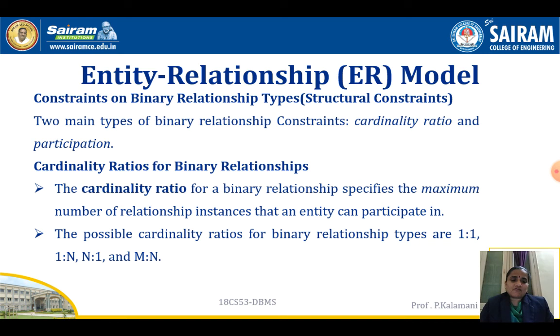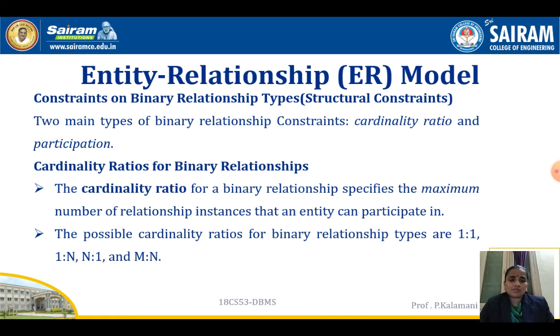There are four types of cardinality ratios in the binary relationship: 1 to 1, 1 to many, many to 1, many to many. For 1 to 1, take employee and department with the relationship manages: one employee manages one department. So in both entities, only one entity is participating in that relationship.